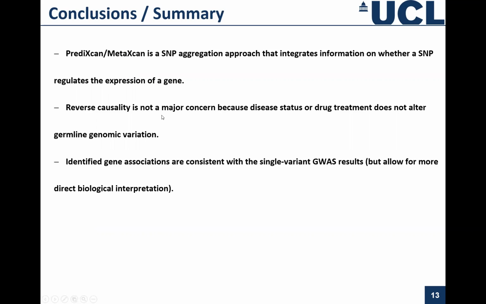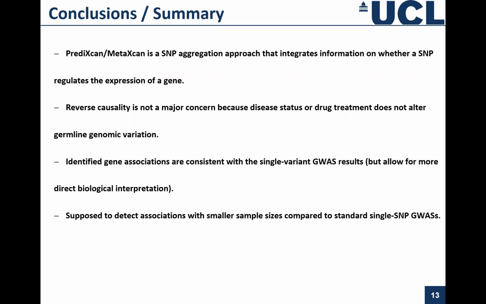Then it's interesting to see that the identified gene associations are consistent with single variant GWAS results, of course with the advantage that they allow direct biological interpretation. The developers claim that the detected associations can be generated with smaller sample sizes than compared to standard single SNP GWAS.